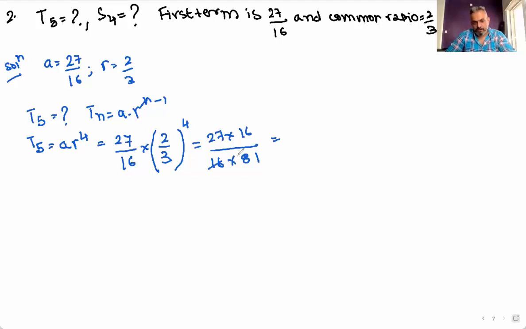So 16 cancels, 27 3s are 81, which is equal to 1 by 3. Therefore T5 is equal to 1 by 3.